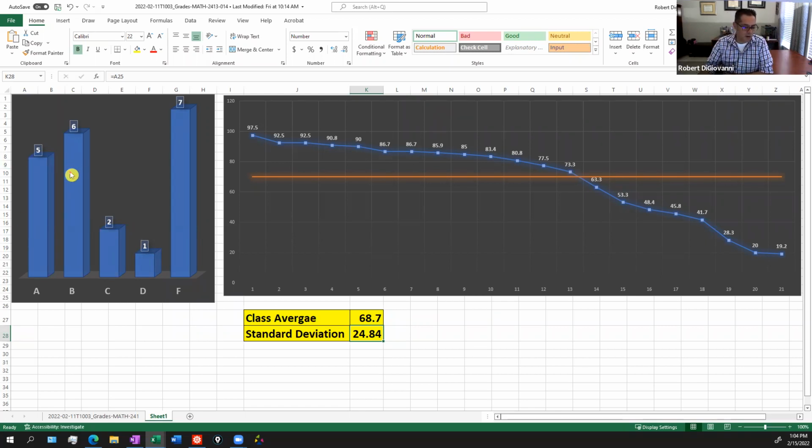You can see it with this bar graph of A's, B's, C's, D's, and F's. Lots of A's and B's, not a whole lot in the middle, and then quite a few F's. And here's every student in the class, their score on the test, with a bar that shows what passing is. That gives you an idea of where you are relative to the rest of the class.